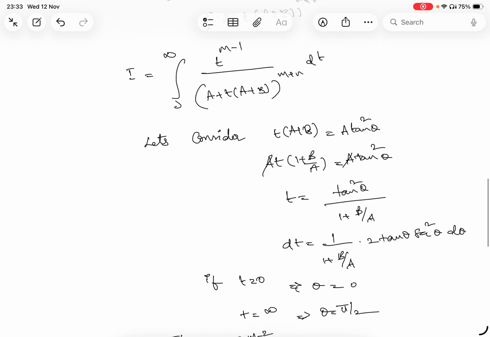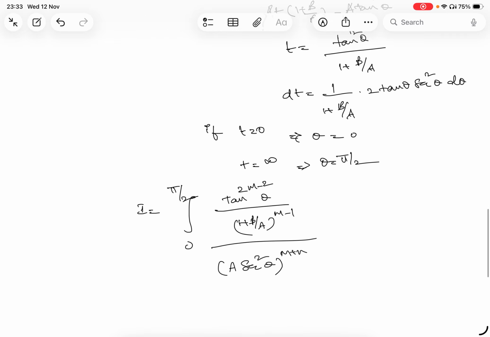Then we are left with dt. dt is 2 by 1 plus b by a into tan theta into secant square theta into d theta.